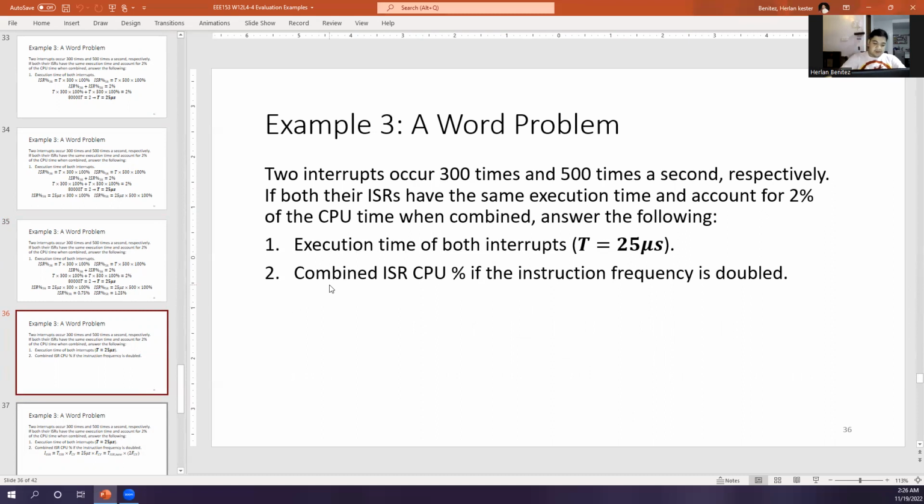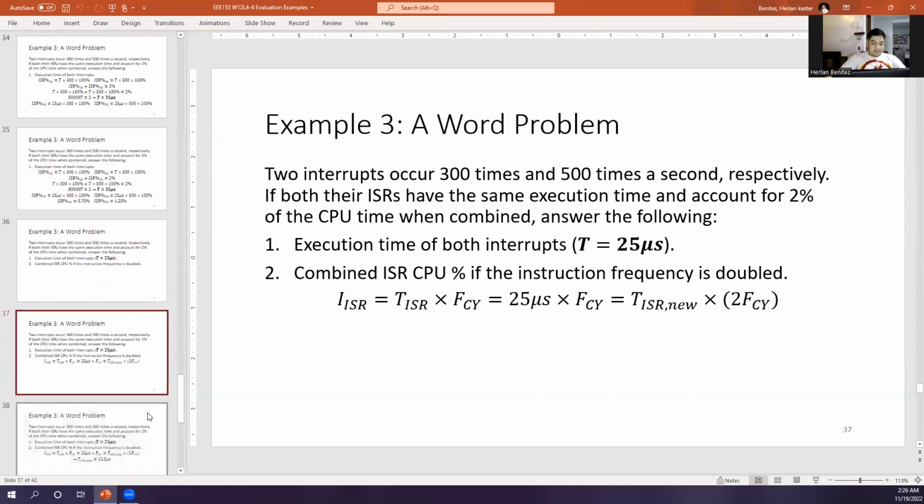So, the next question is, ano yung combined ISR CPU percentage if the instruction frequency is doubled? So, currently, pwede nating sabihin na yung total instructions natin is yung time nung isang ISR times yung frequency, di ba?